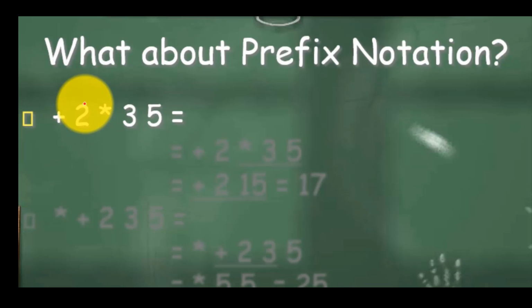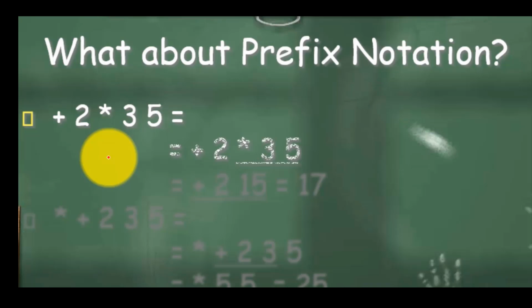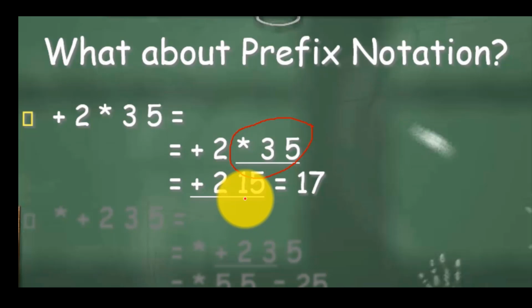So the 2, 3, and 5 are called operands. Now, if you're going to do it, first it will calculate this part, and the result of this one is 15. Then added to 2. That's the reason why the answer is 17 using the prefix format.